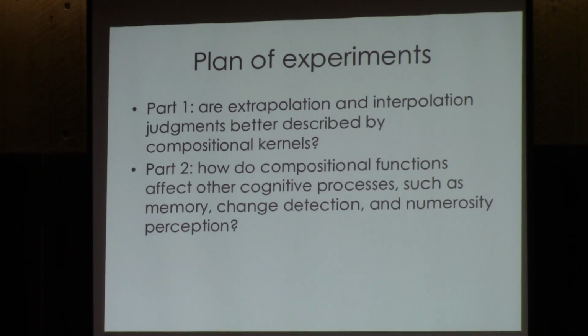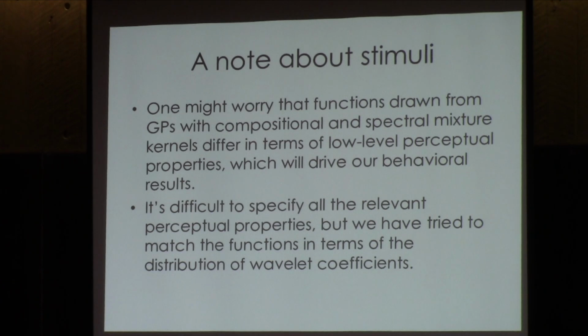So are compositional functions, for example, remembered better, or can you detect changes better in compositional functions? Do they affect numerosity perception? And so I'm going to argue that these compositional functions have a pervasive effect on many areas of cognition.